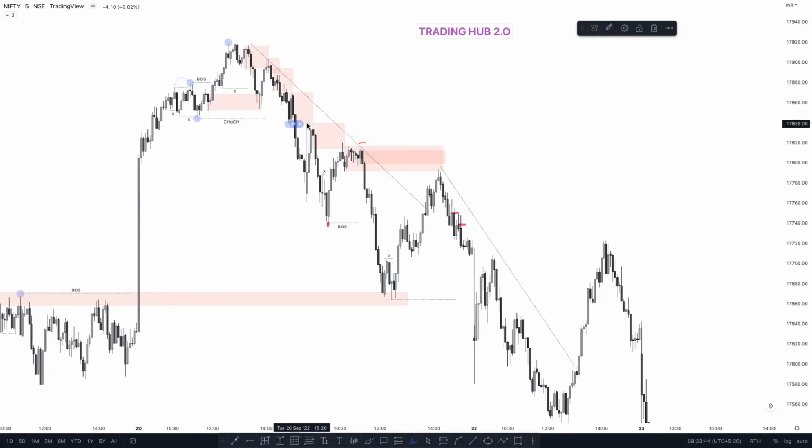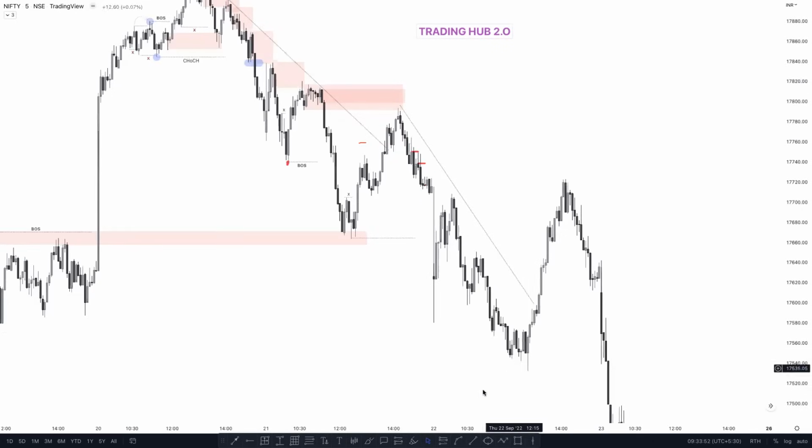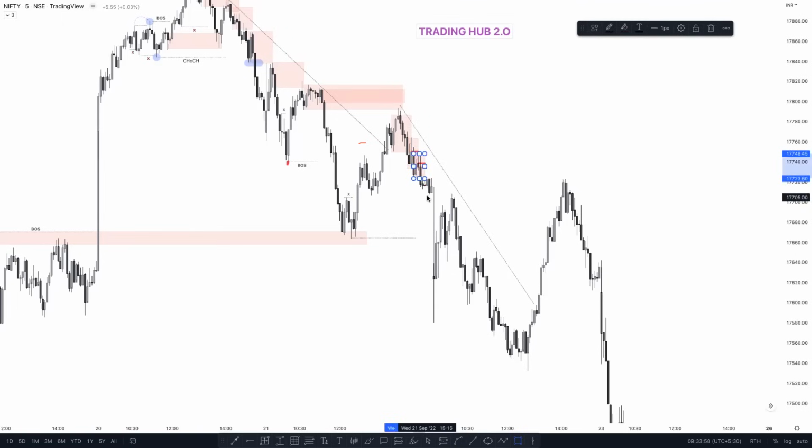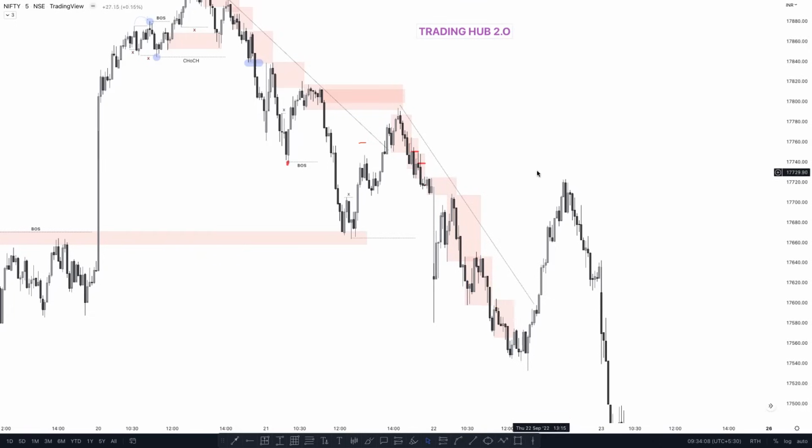This one is also mitigated, so we can refine where our unmitigated order block is, right? In this case, you can see this is an order flow, and this one, and this one, everything is mitigated, right? Yes, you can see everything is mitigated, but price pushed higher, right?